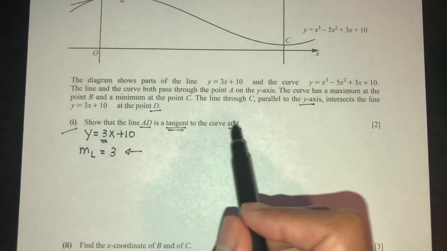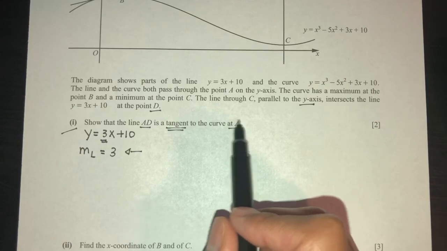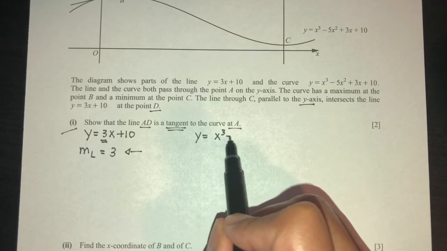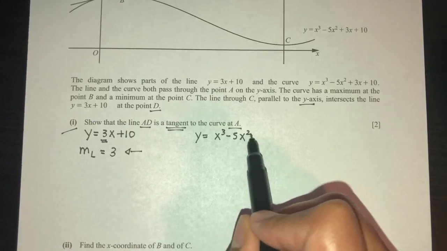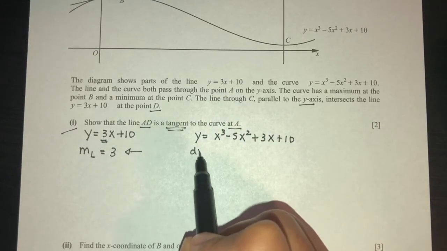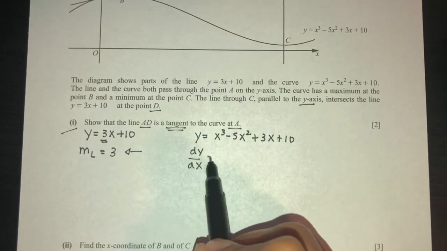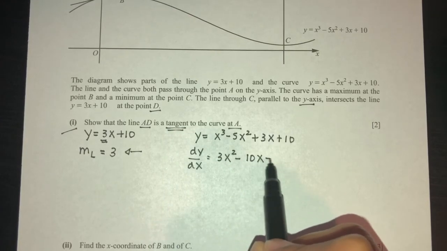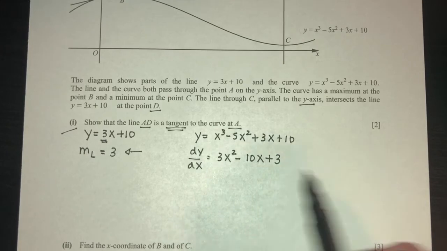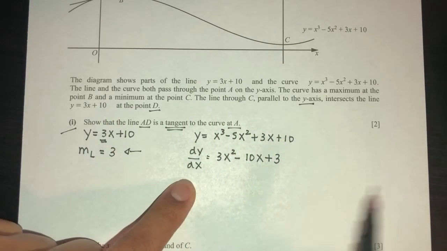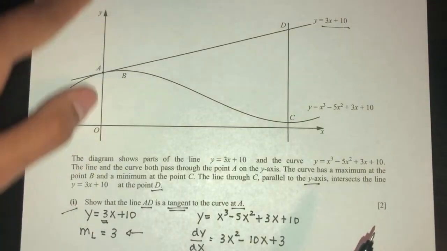So let's see what is the gradient of the curve at this point A. So y for the curve is x^3 minus 5x^2 plus 3x plus 10. How do you find gradient? You have to find dy by dx. It is equal to 3x^2 minus 10x plus 3. At the point A, the value of x is equal to 0. It is the y-axis.